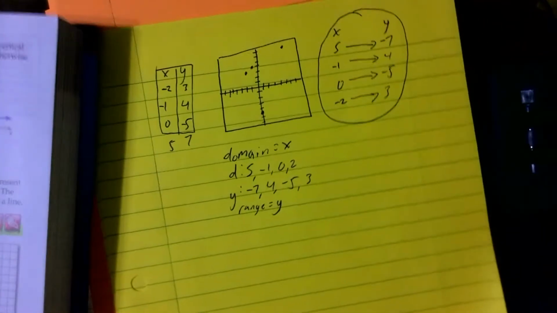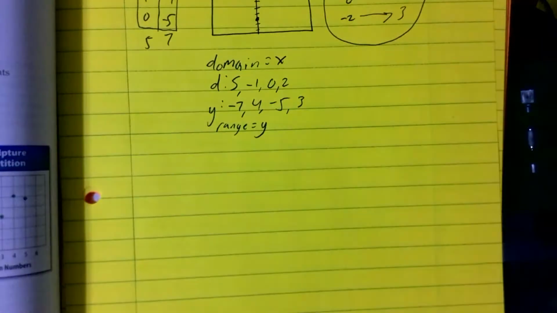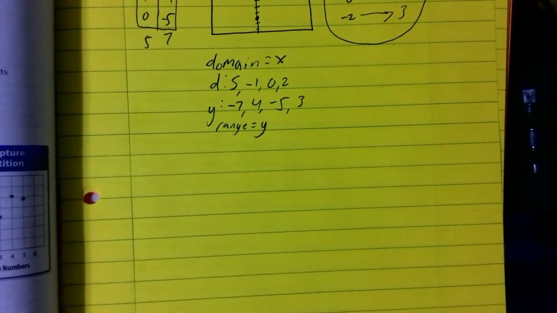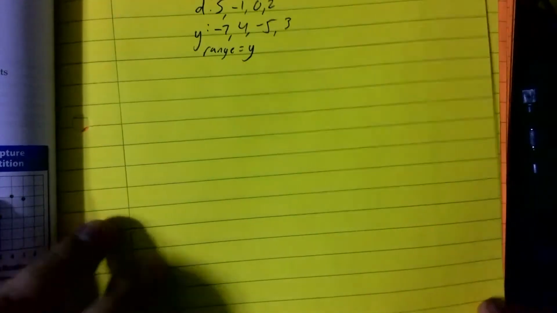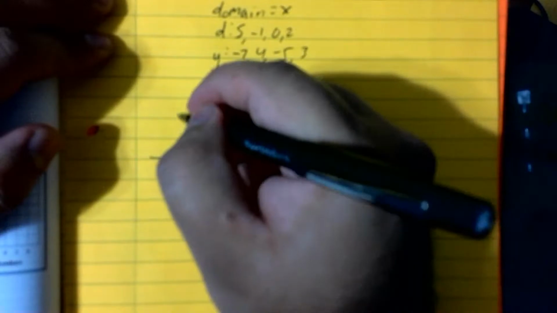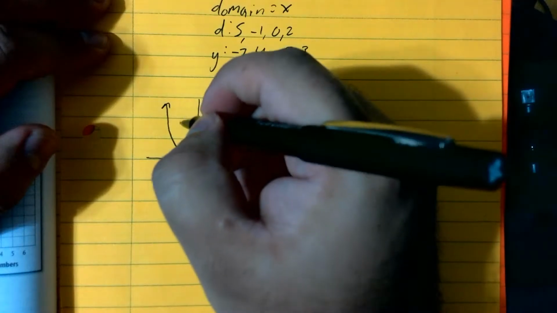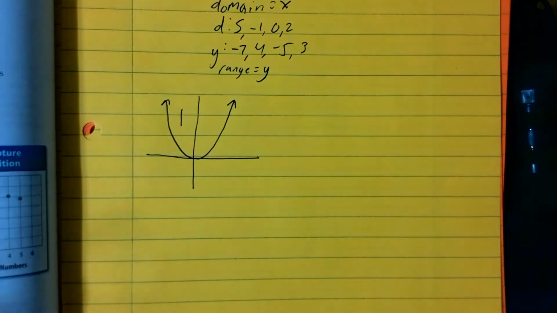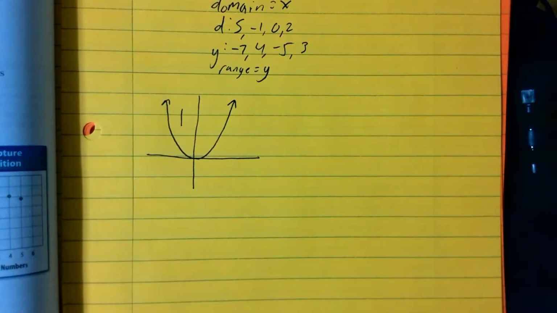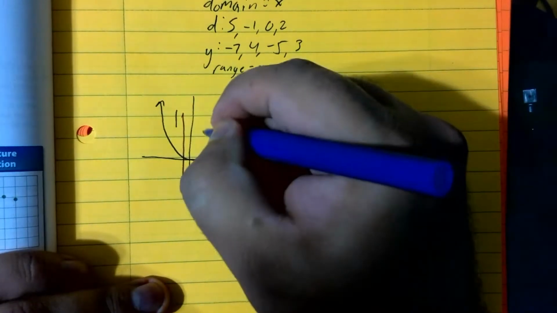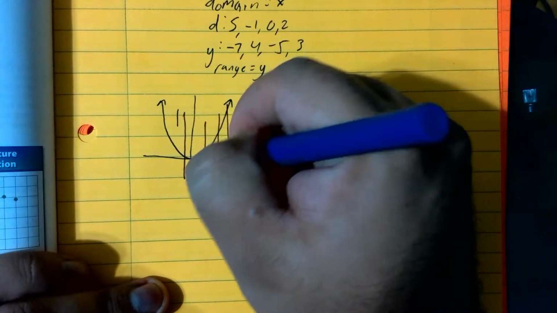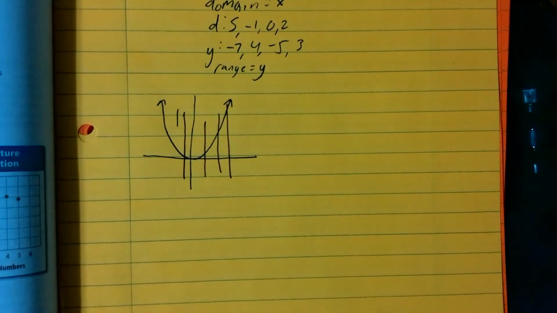What that means is you take a graph, a parabola, and you can draw a vertical line. I'll use a different color. If you can draw a vertical line on the graph anywhere, and it only hits the graph one time, that means it is a function.